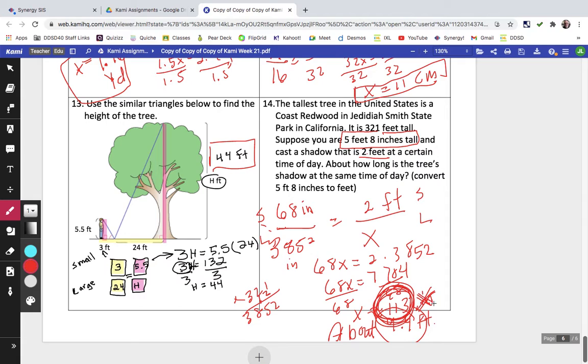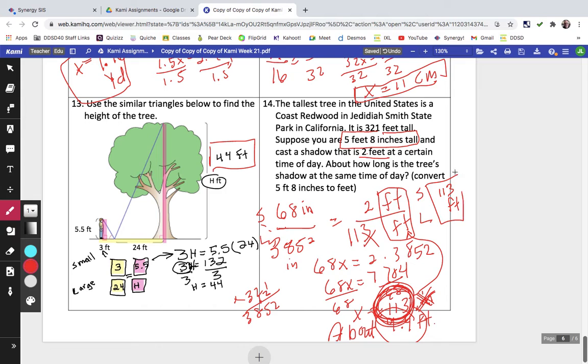We don't divide it by 12 because this answer right here is feet. We multiplied it by that 2, so that's feet. And that makes sense, 113 feet. So we'll put it right here. It's right around 113 feet.